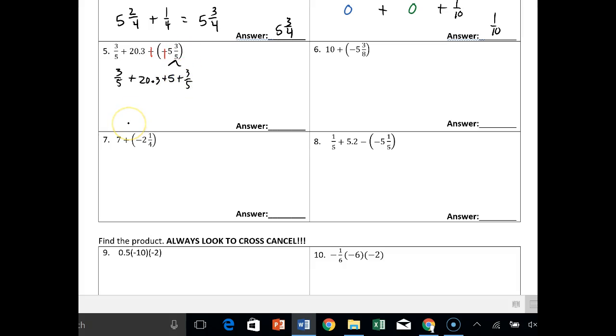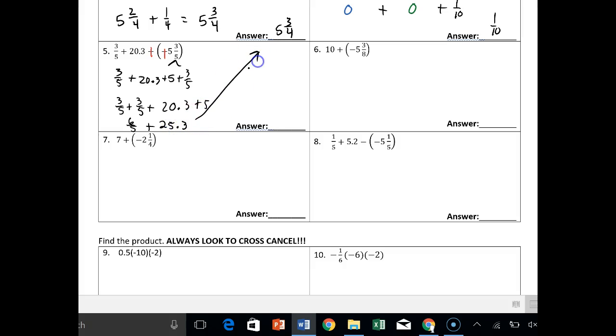Now let's use the commutative property of addition. 3/5 plus 3/5 plus 20.3 plus 5. Right? They don't cancel out because they're not opposites, so it becomes 6/5 plus 25.3, right? 20.3 plus 5 is just 25.3.